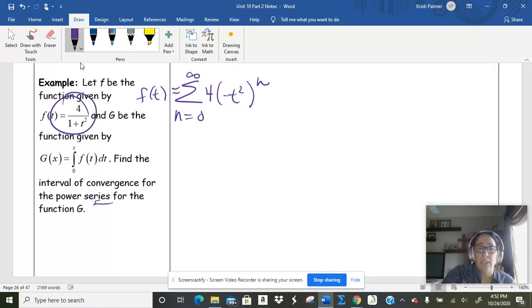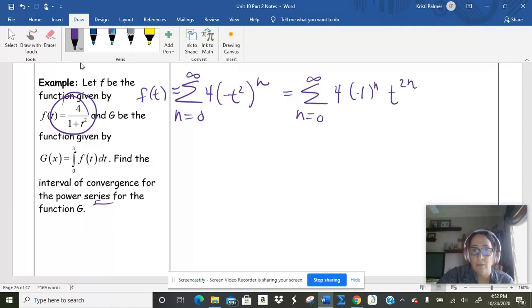And then it says g is the integral of that. Okay, so I'm going to have to take an integral. This I definitely want to rewrite because I try to get everything out as I can if I'm going to have to take an integral. So now I can see the power part and the part that goes along for the ride.